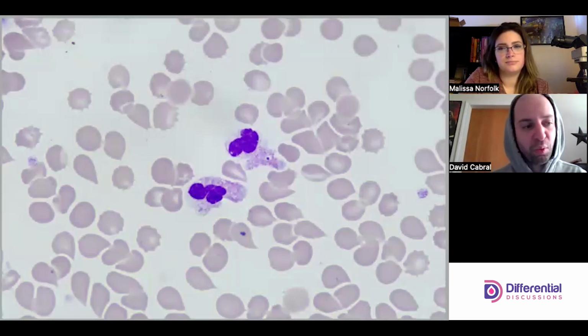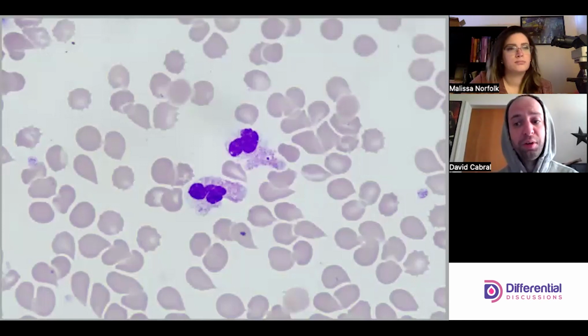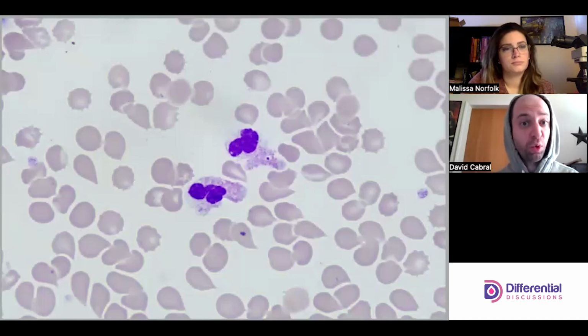One of the other ways that we would visualize it, because it is tricky on Wright stain, is to use a fluorescent stain. The one that I have experience with is acridine orange. In combination with a fluorescent scope, it visualizes DNA as green and RNA as orange, and we would frequently find blood parasites this way. You'd have your orange ring and your green chromatin dot.